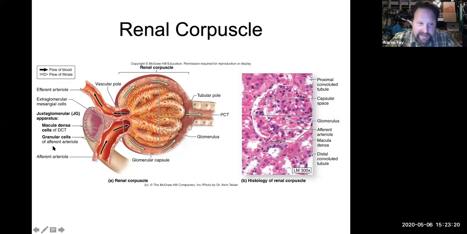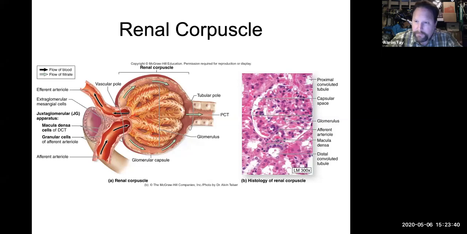In addition to that, we have granular cells, which are the cells right here. So granular cells are modified cells, modified smooth muscle cells of the afferent arteriole. So let me reiterate. Granular cells are modified smooth muscle cells of the afferent arteriole.